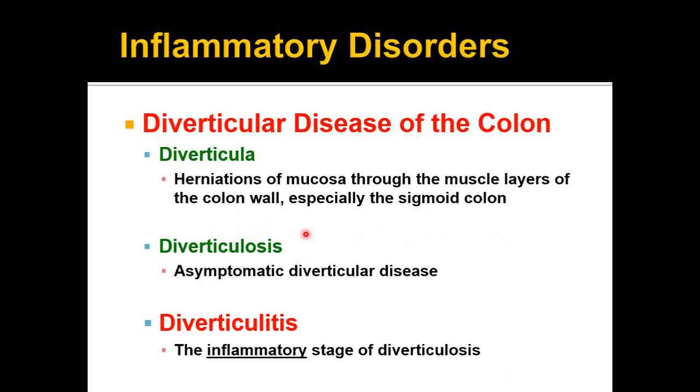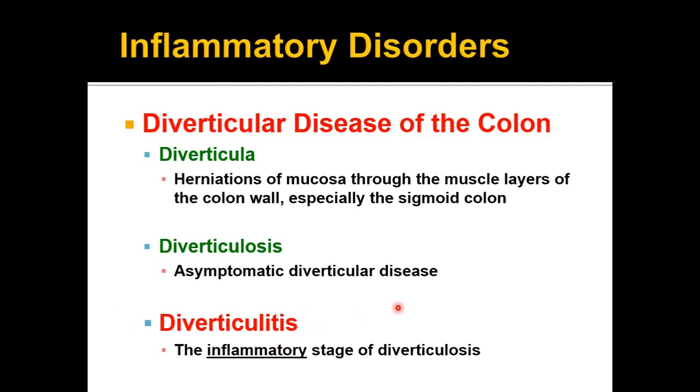So diverticulosis is just clinical evidence of diverticulum, so asymptomatic. There's no pain, there's no changes in bowel habits or anything, but we see diverticulum on imaging or colonoscopy. We would term that diverticulosis.